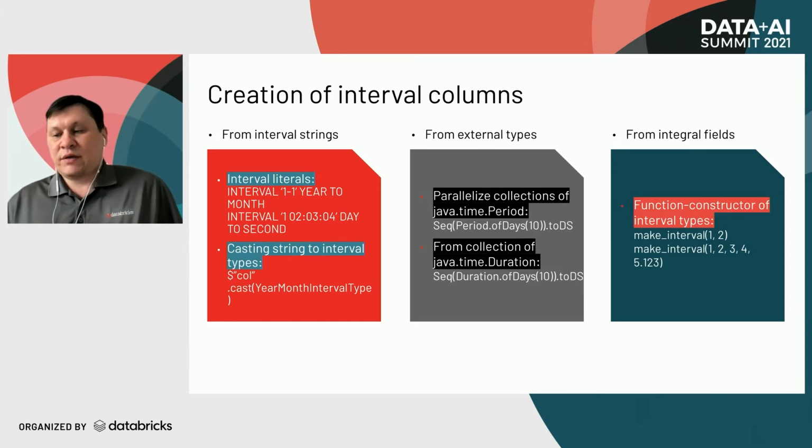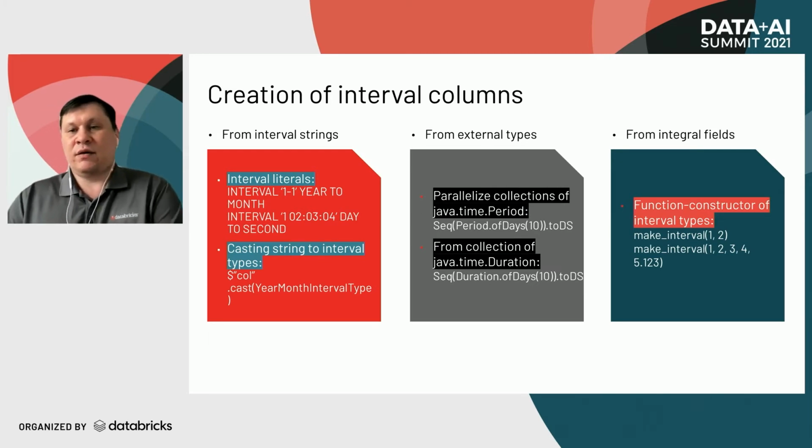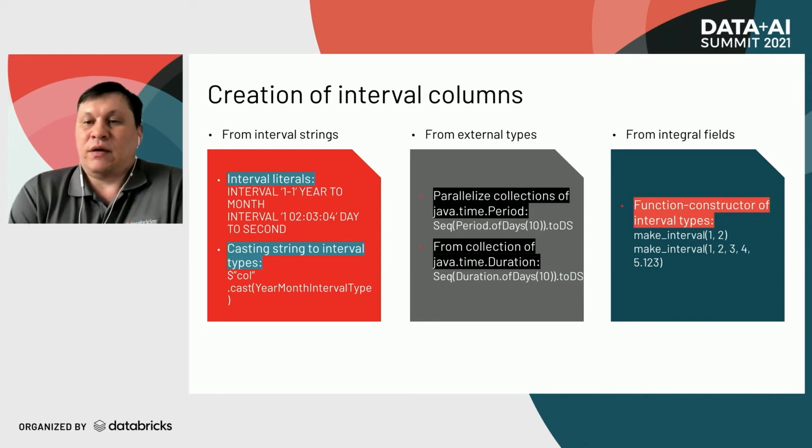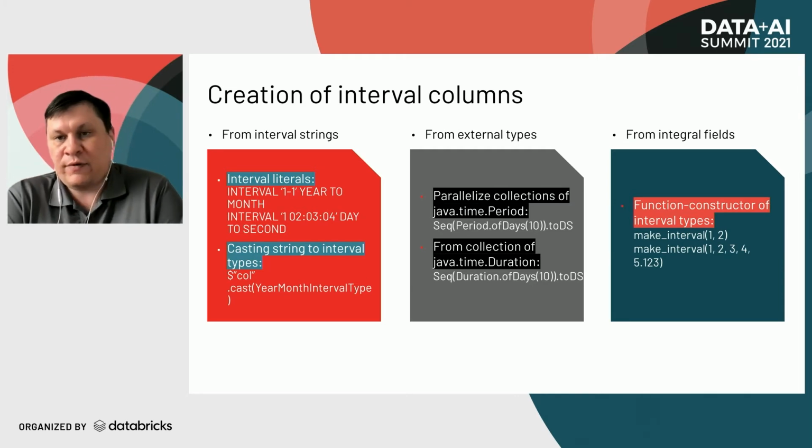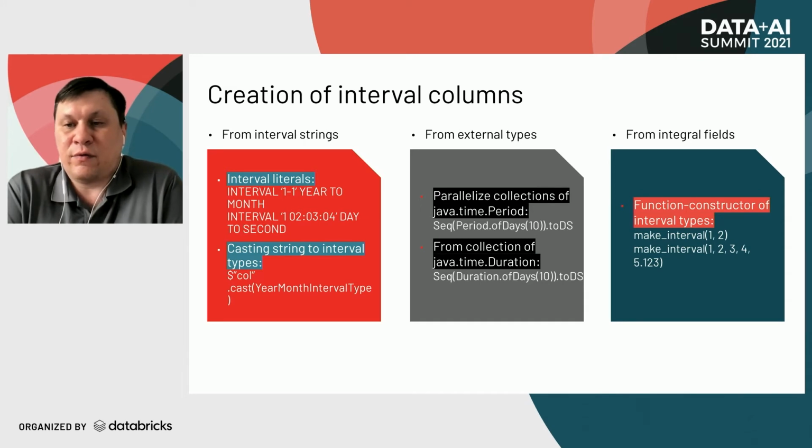The third option is constructing interval types from integral columns. Currently we have a function make_interval for the calendar interval type. It accepts 7 fields as far as I remember.